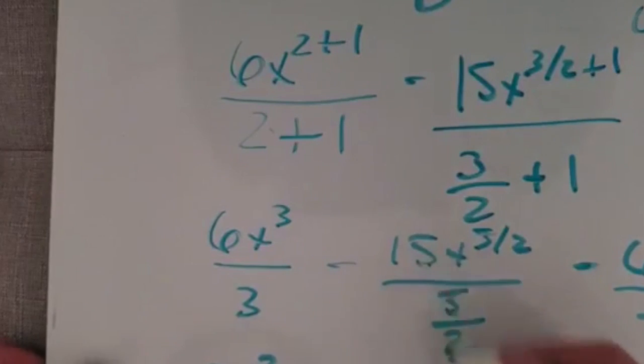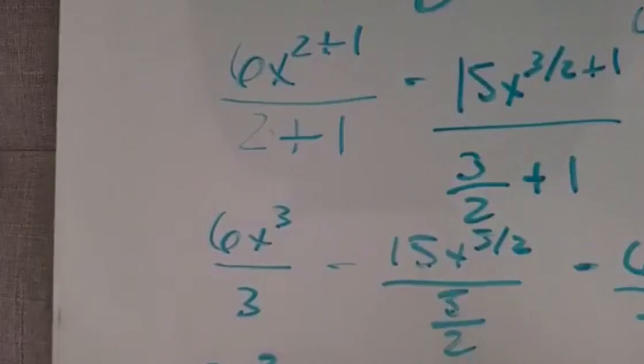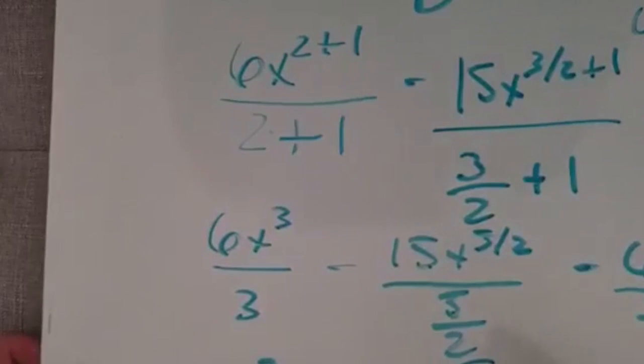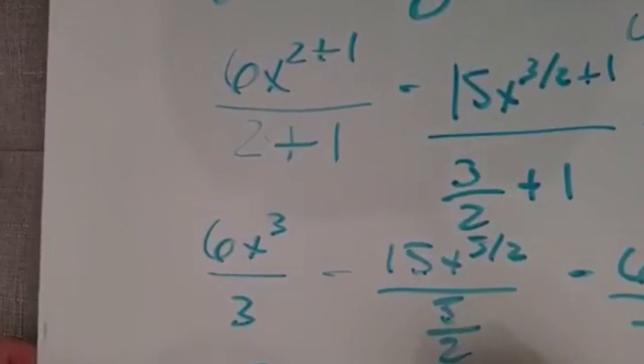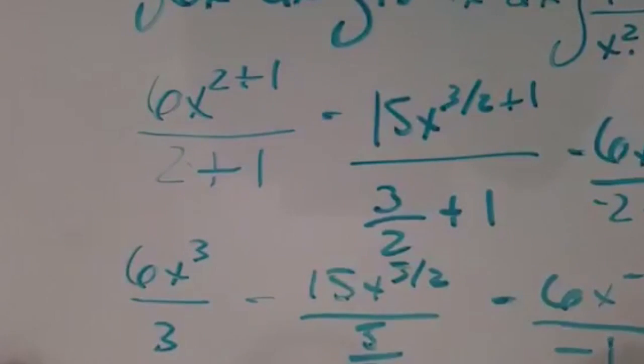You have to do the formula, so the answer will be 9x divided by 9x^(5/2) minus 6 divided by x minus 7x plus c.